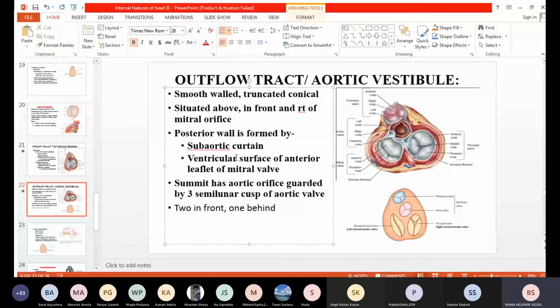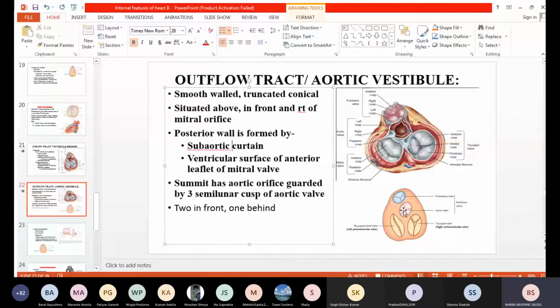Okay, so now the aortic valve is present, which is also guarded by three cusps, semilunar cusps, like the pulmonary. The only difference is the orientation of the cusps. In the pulmonary valve, one is anterior and two are to the right and left posteriorly. In the aortic valve, you can see anteriorly there are two and posteriorly there is one.